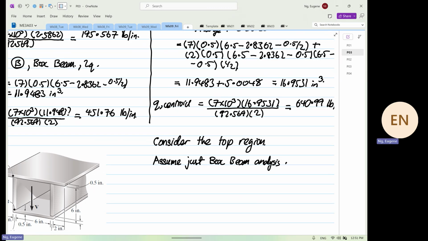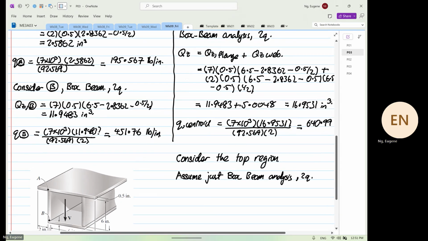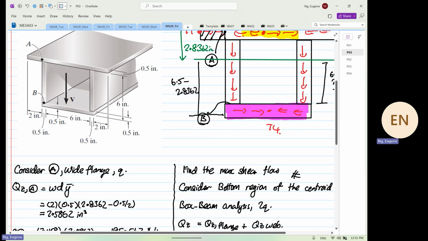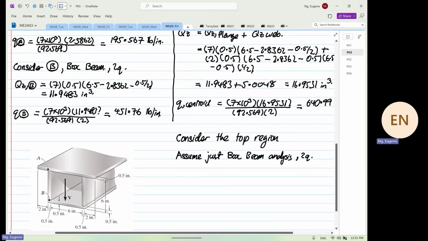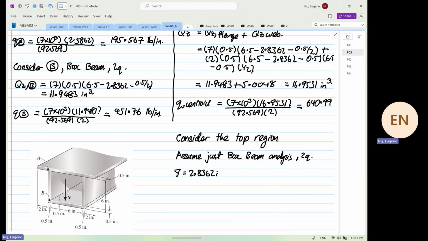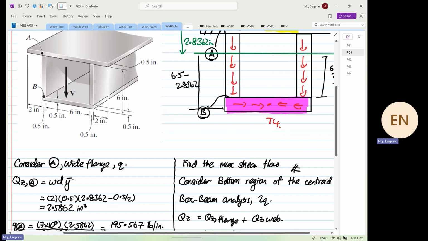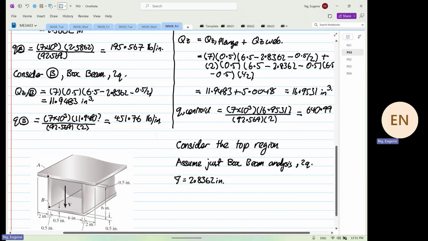For this case, we are going to have 2Q. From the top, the Y bar is equal to 2.8362 inches. Let me check again. Y bar 2.8362.